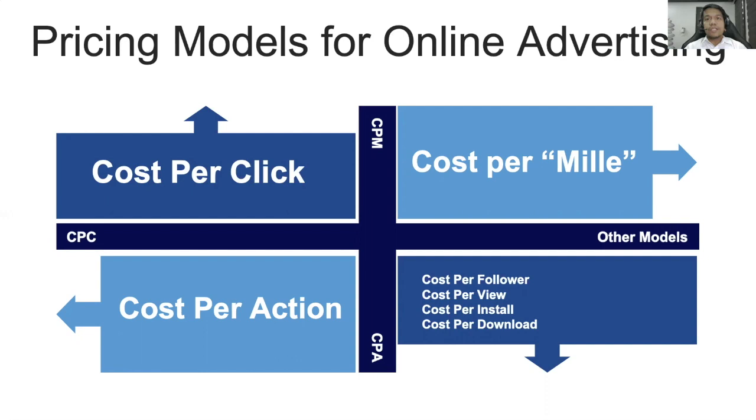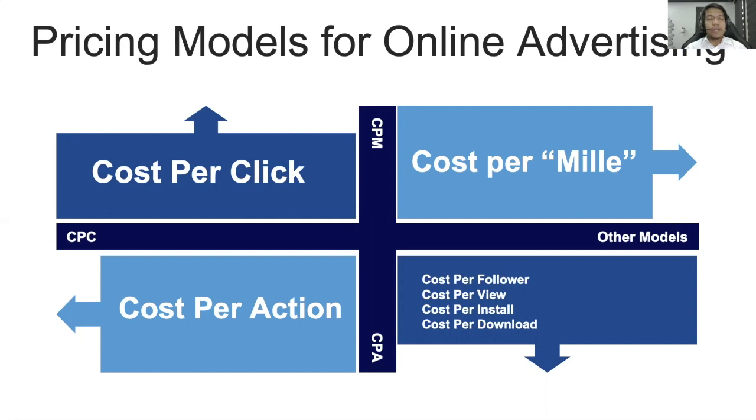Usually, publishers receive more revenue if the ad is clicked several times, while the advertisers end up paying more in this scenario. Cost per mille, or 1,000 impressions, simply means the number of times the ad is shown. It doesn't matter if the ad is clicked or if it prompts any action from the visitor, as long as it has been displayed.